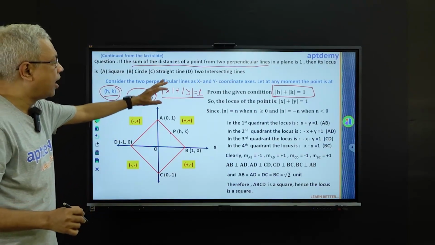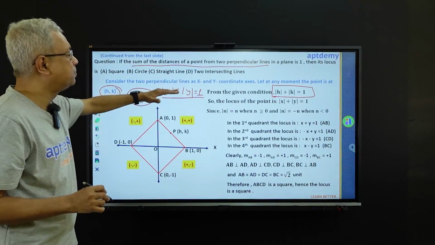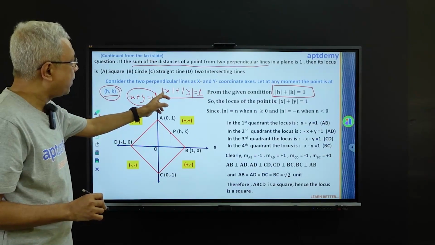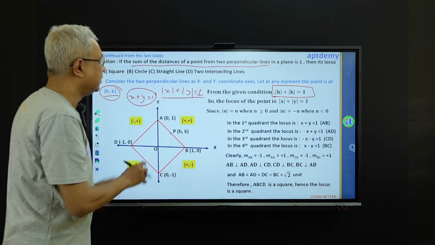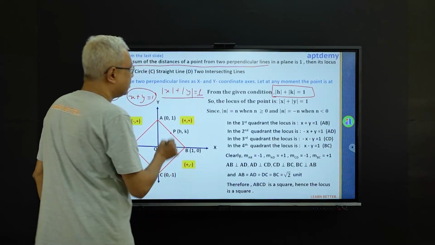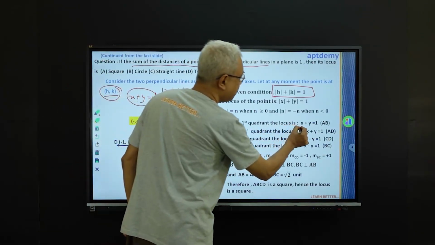Now, what does this equation represent in the first quadrant? In the first quadrant, both x and y are positive, so mod x plus mod y becomes x plus y equal to 1.